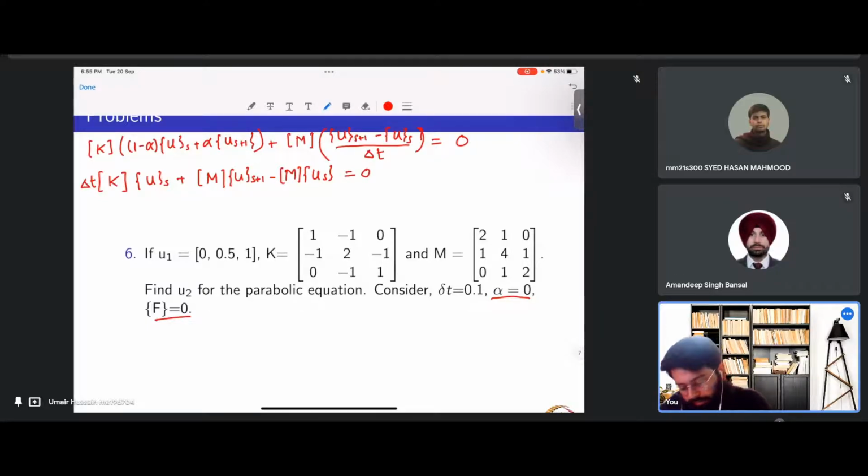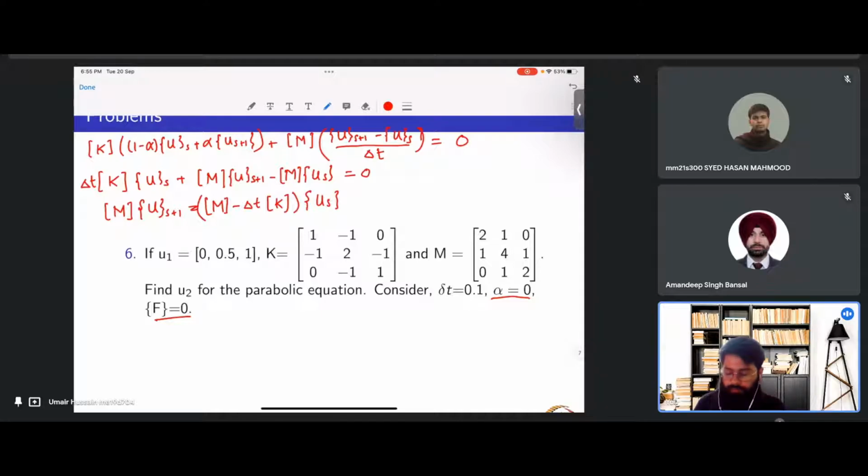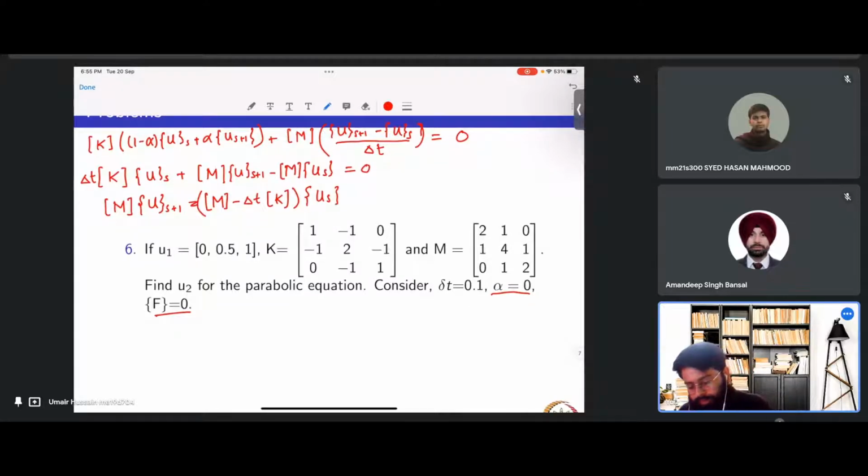So separating the terms, we have u s plus 1 terms on one side, and we have m minus delta t k times u s. Now the time steps we are dealing with are 1 and 2. I mean, we know 1, we want to find 2. So our unknown has to be 2, and the known has to be 1.